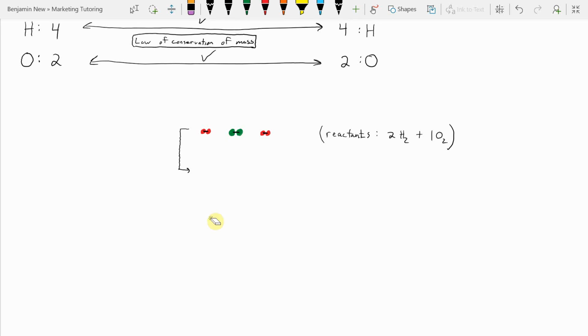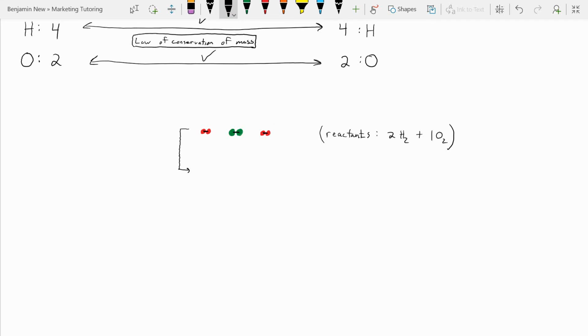This red atom will start to form an attraction to that one, and this green one, as it moves away from the other green one, will create an attraction with that one. At the same time, as this H2 molecule moves that way, this atom moves a little bit farther away from that one, and the bond between the H and the H starts to weaken.